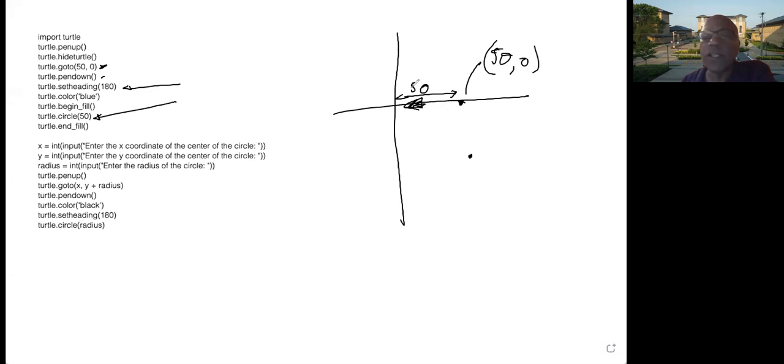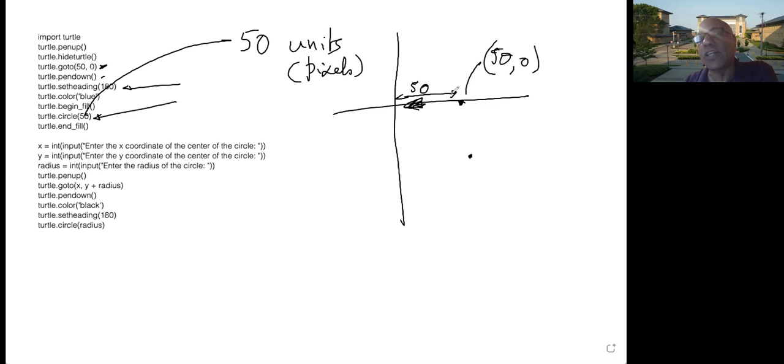So I will be drawing a circle, but the question is, where is the center? The center would be these many units. This is 50, right? So 50 is the radius. So 50 units, that is pixels, to the left of the direction I am traveling. I am traveling west.